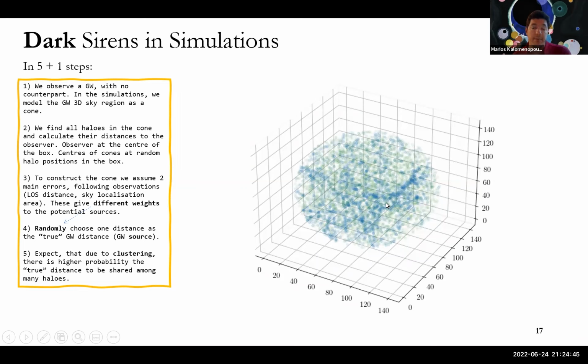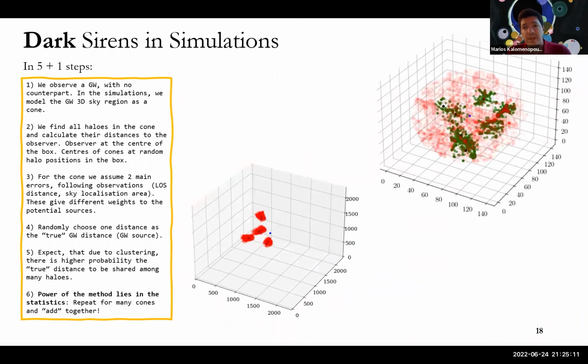An example here are the blue dots. The intuition behind the improvement of this method is that clustering gives you a high probability of the true host sharing the same distance and same information with other galaxies, and as a result enhances the dark sirens technique.